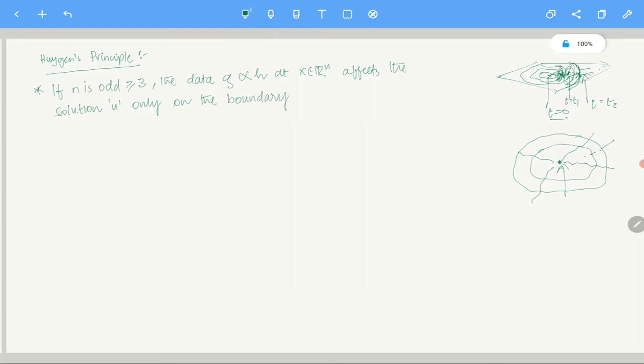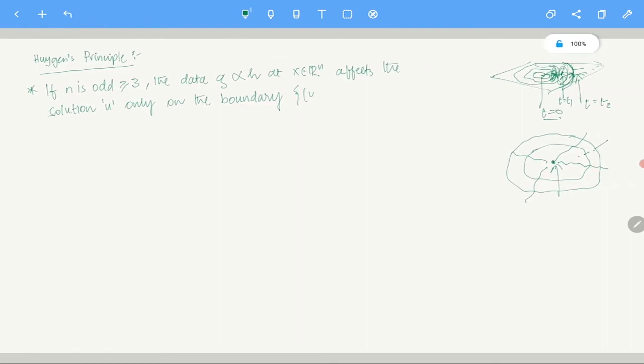Only on the boundary. That is what we saw, right? The boundary is the set of (y, t) such that t is positive and |x - y| = t, of the cone.